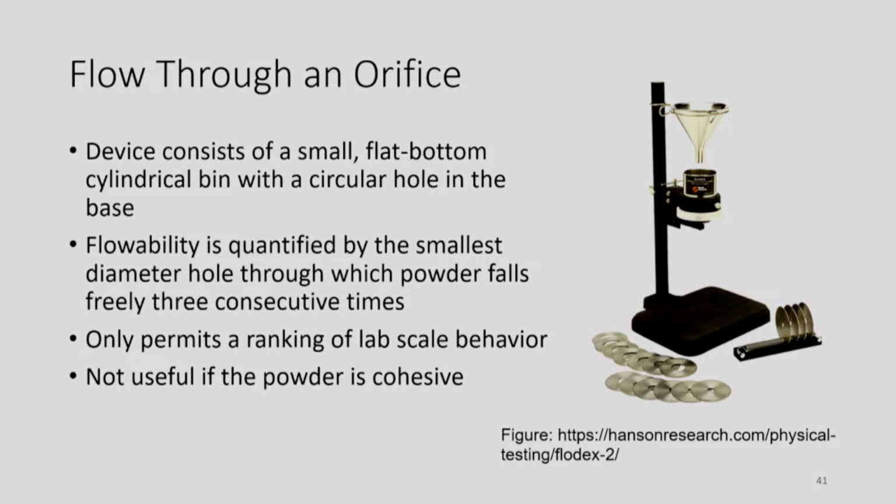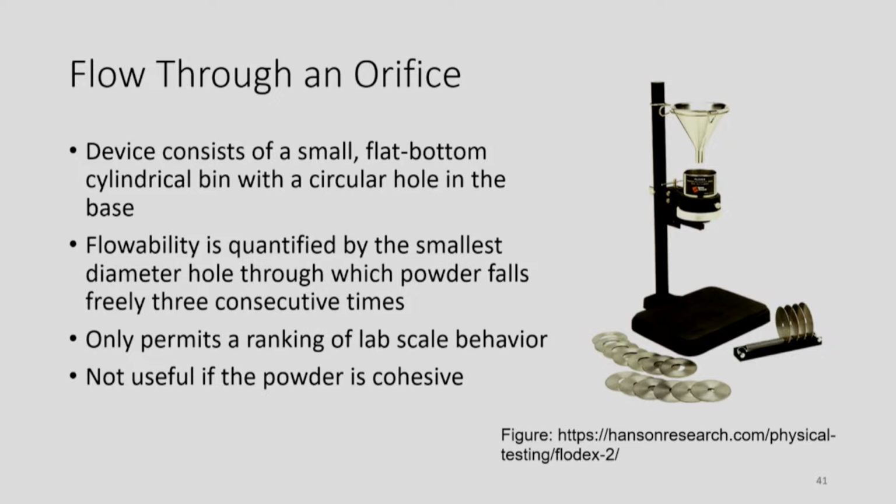This other simple instrument is the flow dice. I think I briefly talked about this. I'm not sure if you have one here at IIT, but it's a very simple instrument. You make the powder flow through different sizes of orifices. You can see those openings are different for different orifices. You take the size at which the powder flows uniformly as the index for that powder.